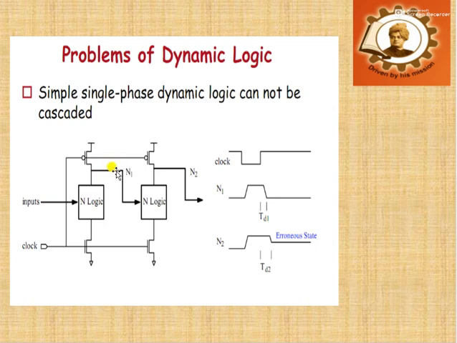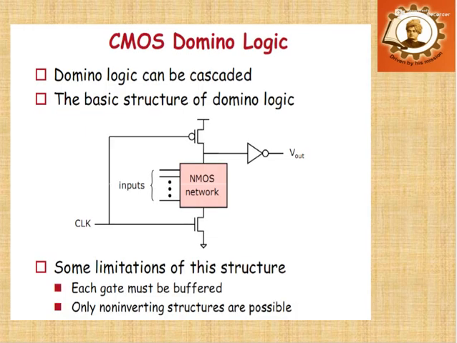In the next phase, due to another input combination at the next cascaded stage, N2 is grounded through the NMOS, so N2 is 0. Then node 1 will not hold its value of 1. That is the cascading problem, and it is removed by using another circuit called the domino logic circuit.